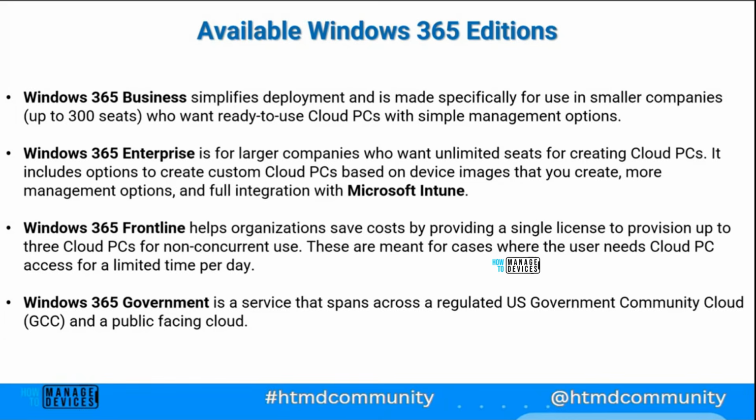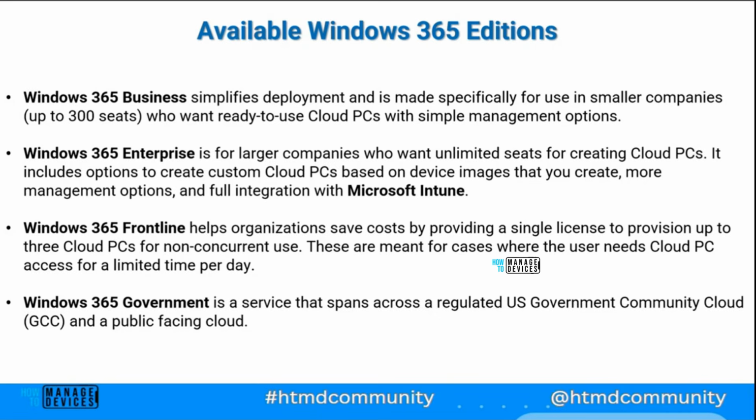There are many cases where users need cloud PC access for a limited time per day. So this is mainly focused on shift workers. They have different shifts, so they can easily purchase one Frontline license, and they can accommodate all these three shift workers in that one license itself.